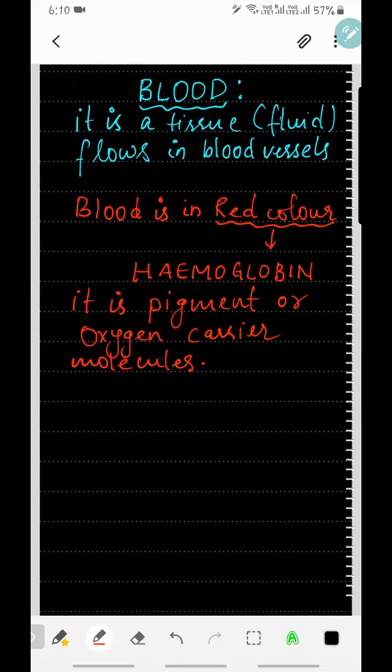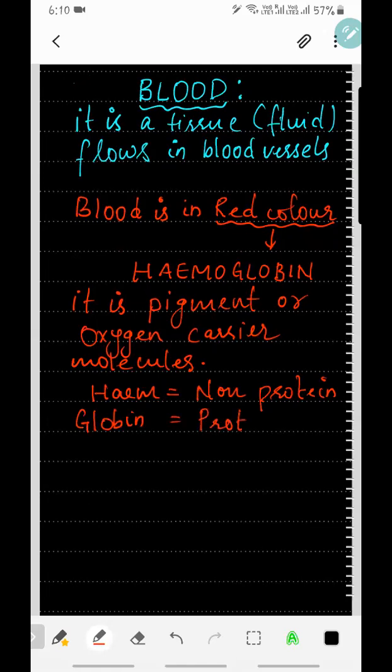This hemoglobin is used completely because two things are present in it. Hem means non-protein, it is non-protein. And globin means protein.